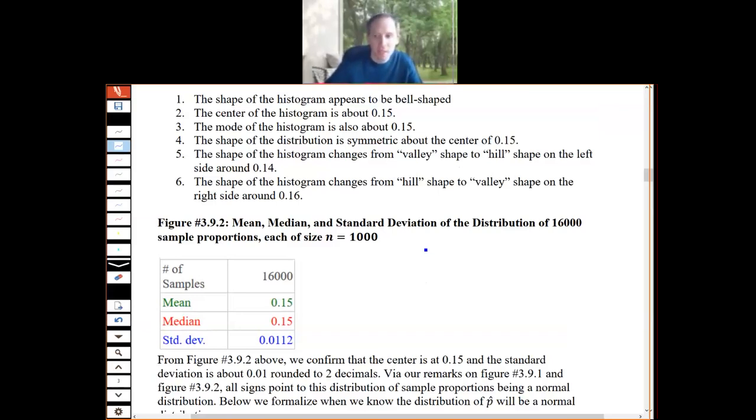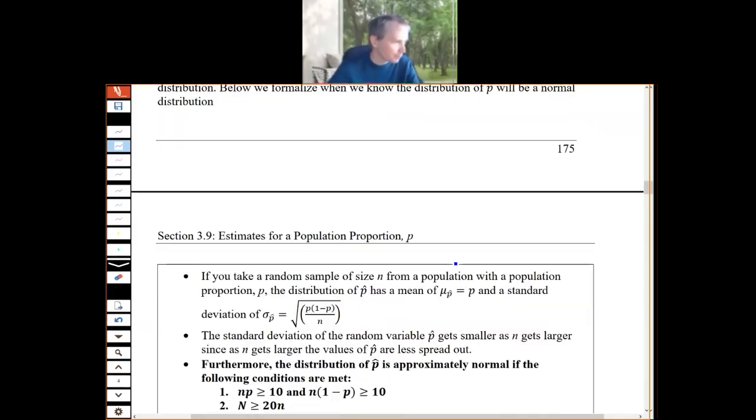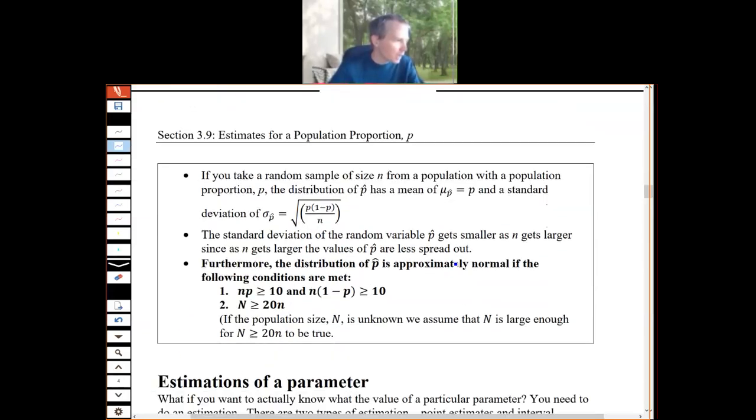If I imagine repeating that process, looking at lots and lots of samples, I now have numbers to work with, and that's what forms the normal distribution. Okay, so we're working with non-numeric data, which is just yeses and nos, but by looking at the percentage of yeses, that gives us numeric data to work with. Okay, and it gives us some formulas that we can compute.